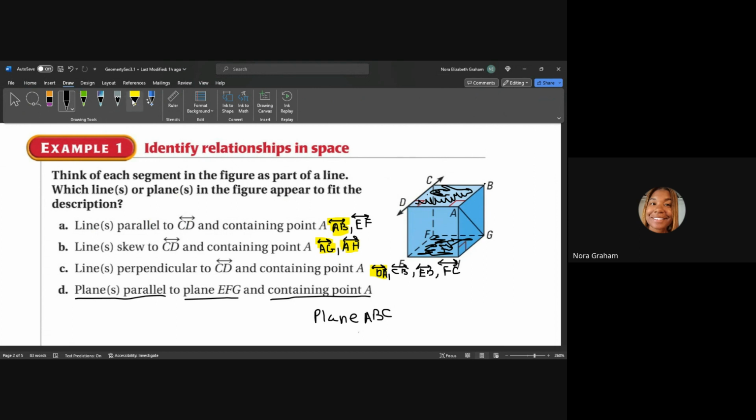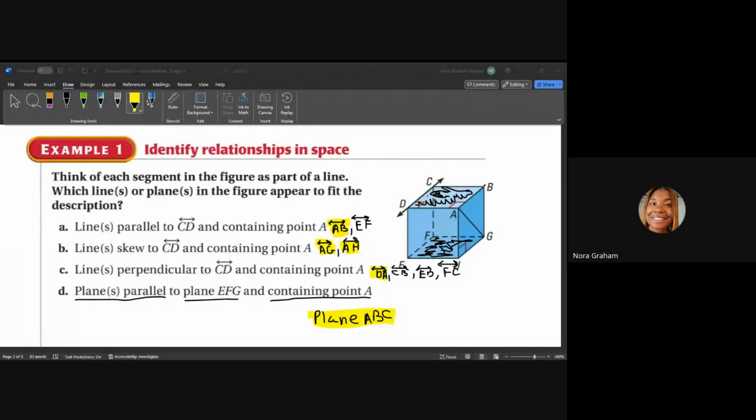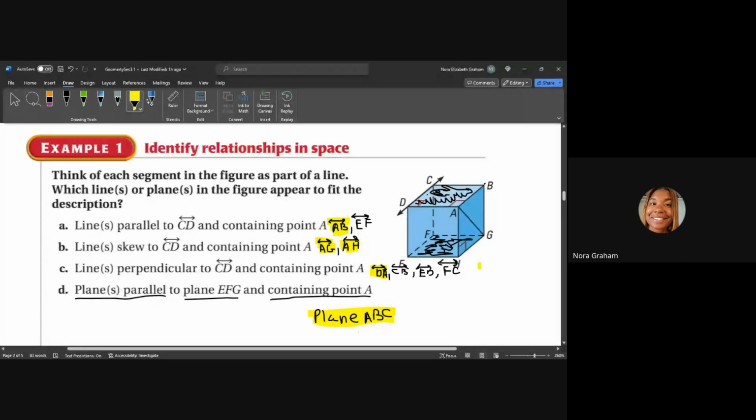And that's going to be the answer to that one. Perfect. All right, and let's keep going. So those are our answers for example 1.